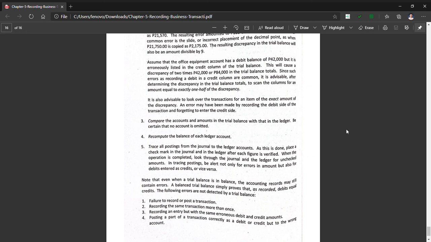So, we check again if all accounts were posted from the journal to the ledger.